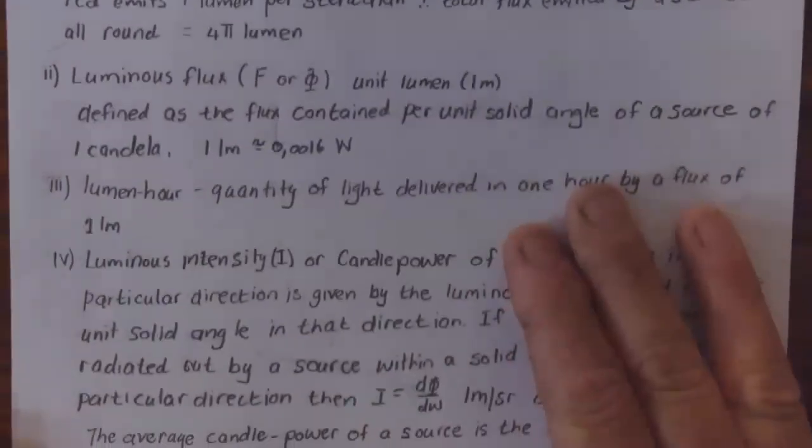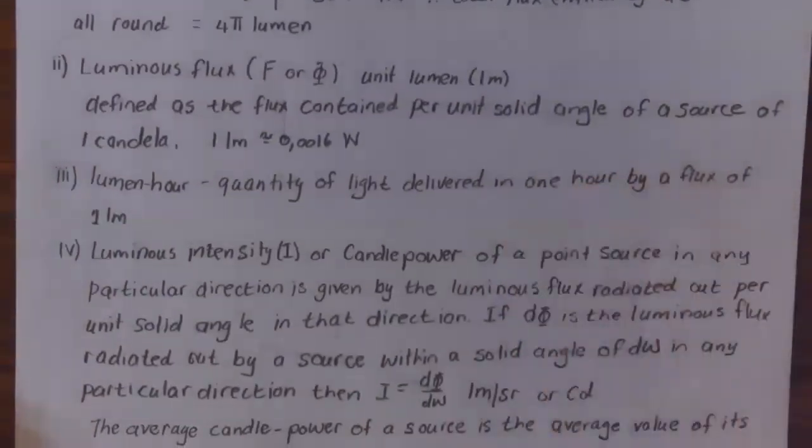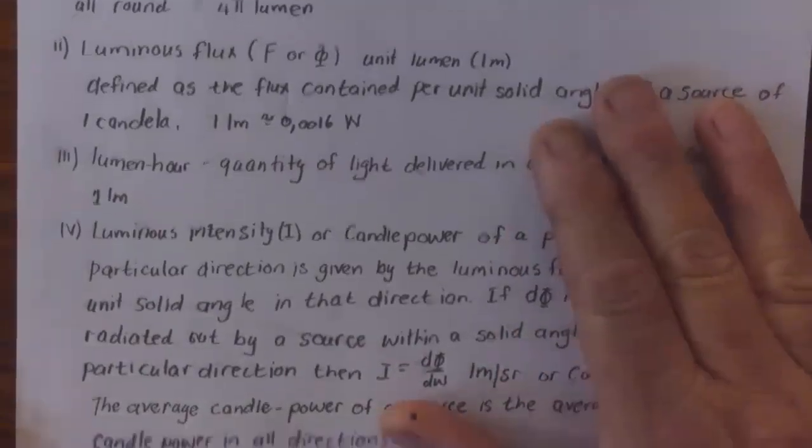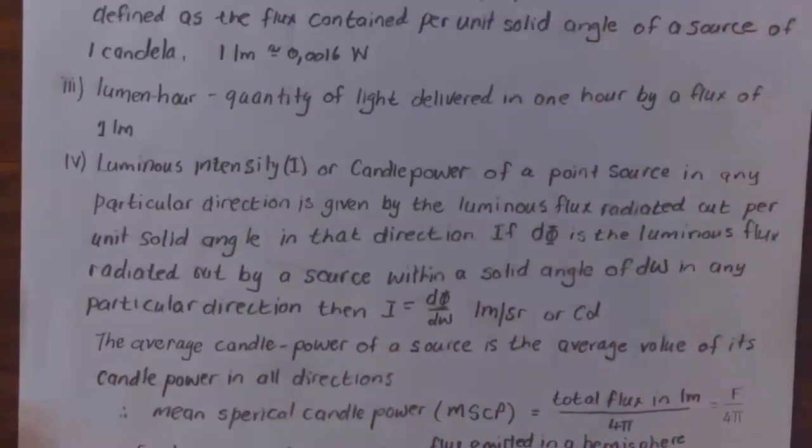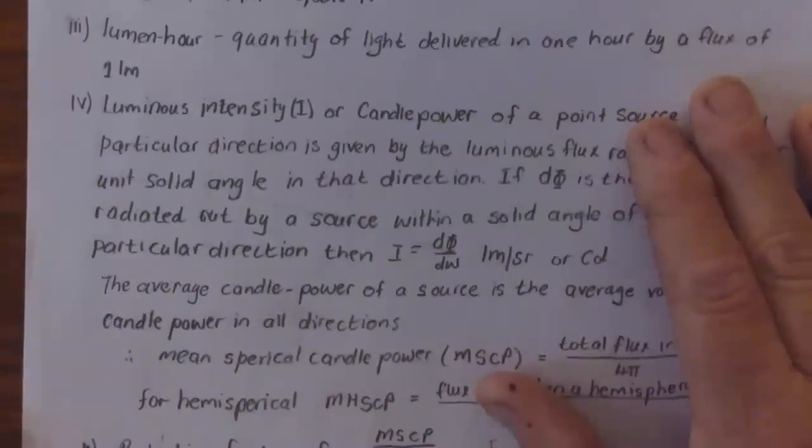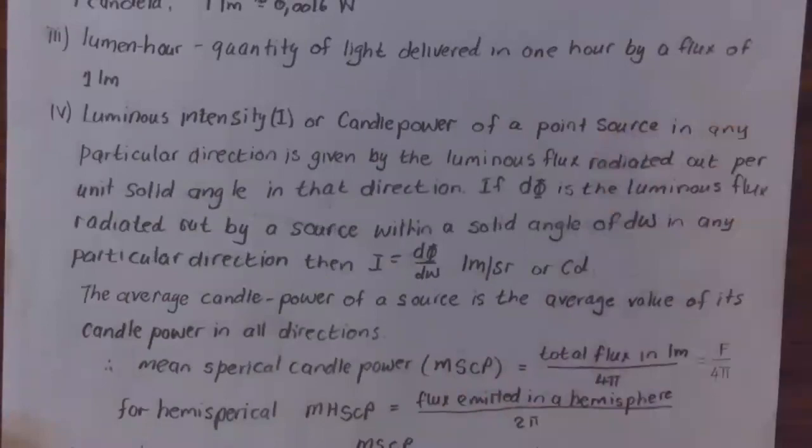Now, the luminous flux, F or phi, with the unit of lumen, is defined as the flux contained per unit solid angle of a source of 1 candela. And then 1 lumen is more or less 0.0016 watt. Lumen hour is the quantity of light delivered in 1 hour by a flux of 1 lumen.